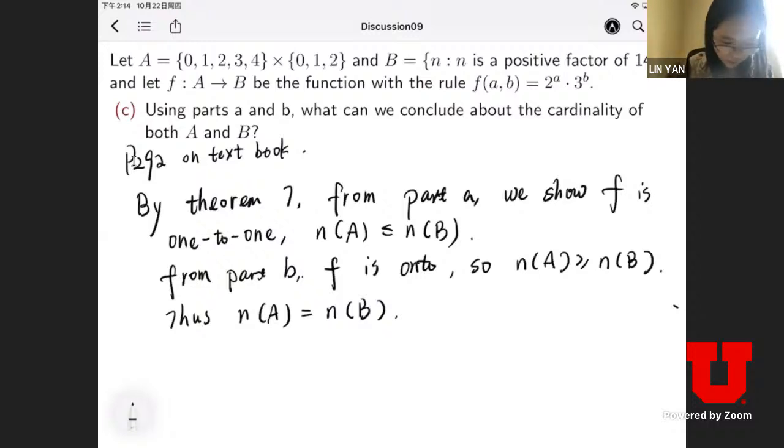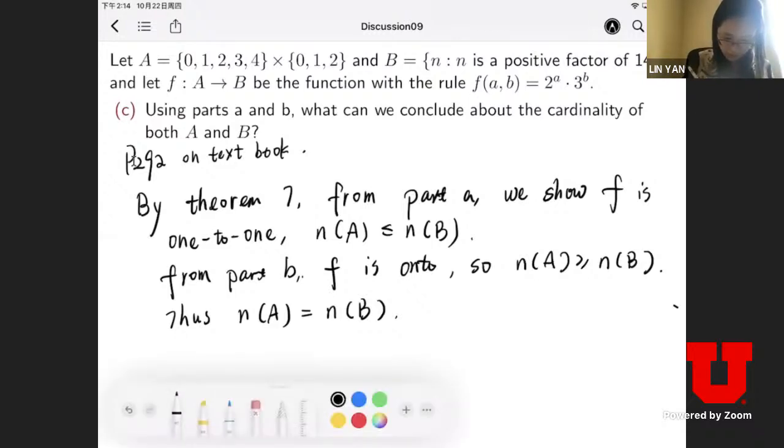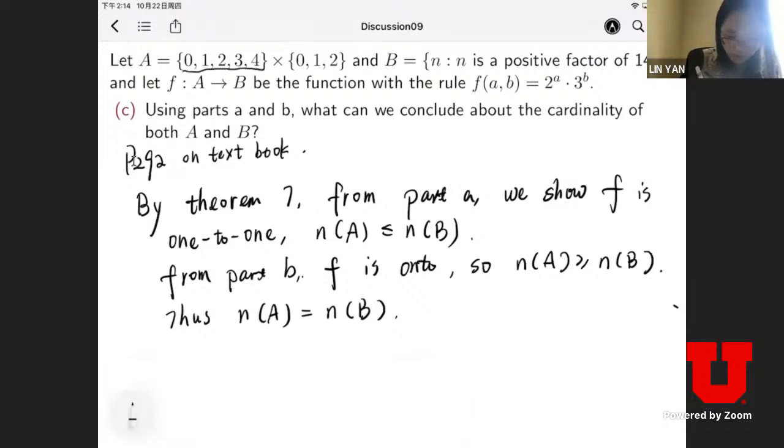For set A, we have 0, 1, 2, 3, 4 cross 0, 1, 2. So the cardinality of this one is the number of elements of the first part times the number of elements of the second part. We have 5 elements in the first part and 3 elements in the second part.